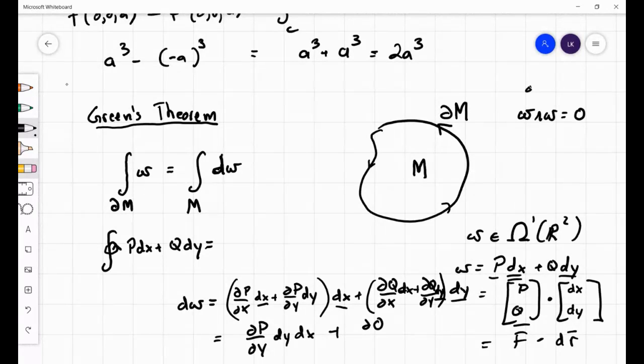So we have partial of q with respect to x dx dy. Okay, and then we know that the wedge product of differentials is anti-commutative, right? So if you switch the order, you get the negative.